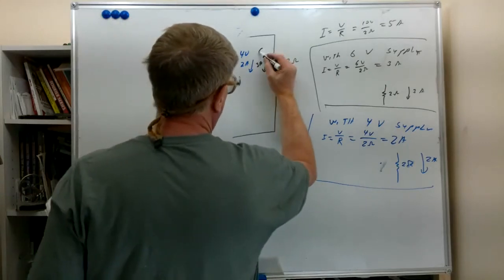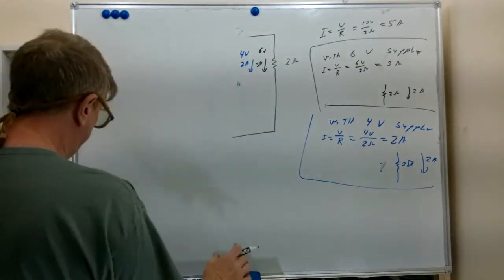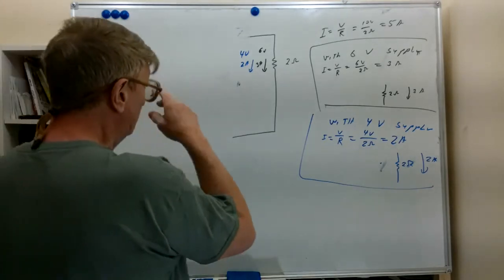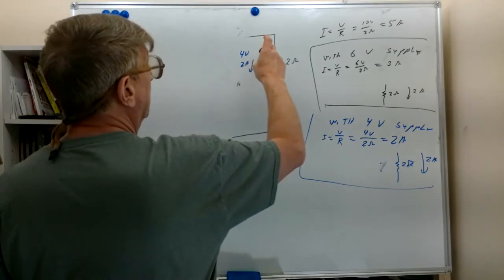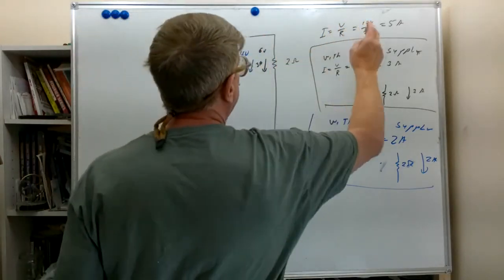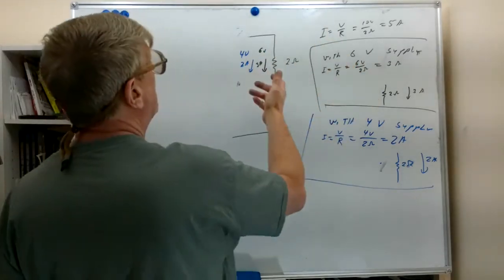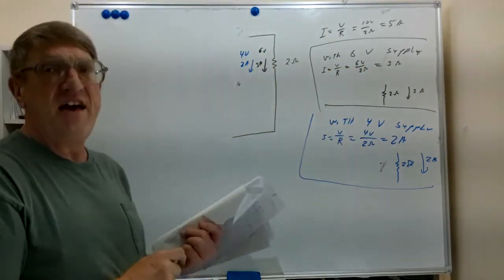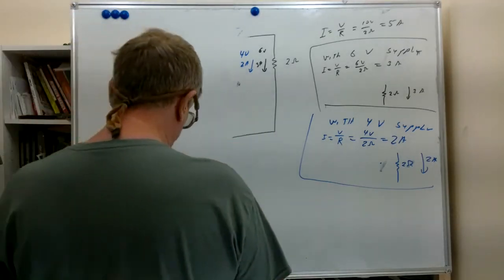The 6-volt supply provided the 3 amps. And you notice that 6 plus 4 equals the original 10, and 2 plus 3 equals the original 5. They're both in the same direction. This is a valid way of analyzing things. We basically call this superposition.